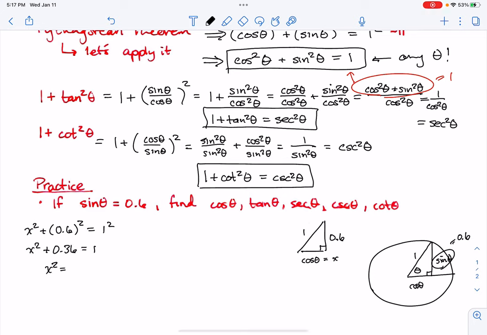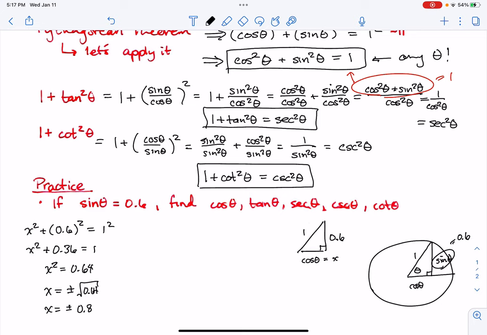That means x squared equals 0.64. And at this point, you can probably tell what x equals. Normally when we take the square root of both sides, there would be a plus or minus, and then the square root of 0.64, which in this case is going to be plus or minus 0.8.